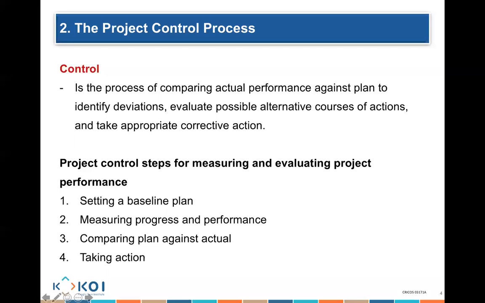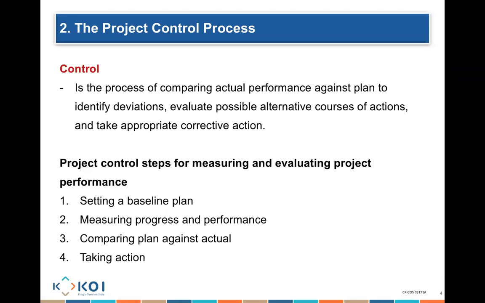We talk about the project control process. Control is where I want to compare how I am actually performing against a plan that I have created. I create a plan, and once I have a plan, I have to monitor how I am going and how I am progressing in relation to that plan.